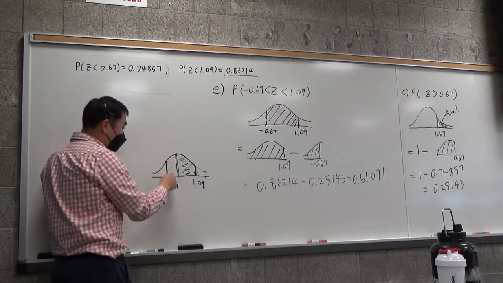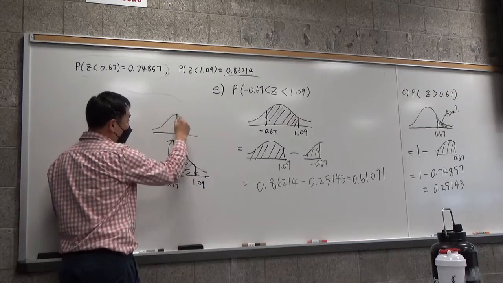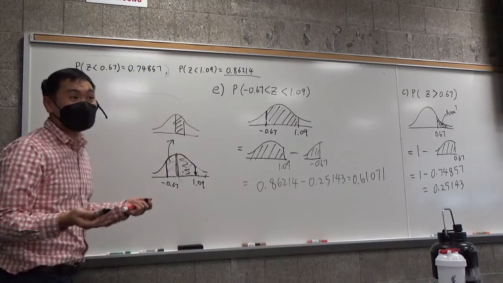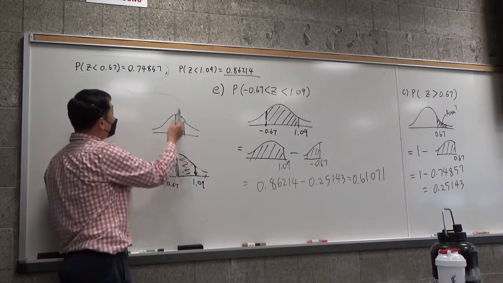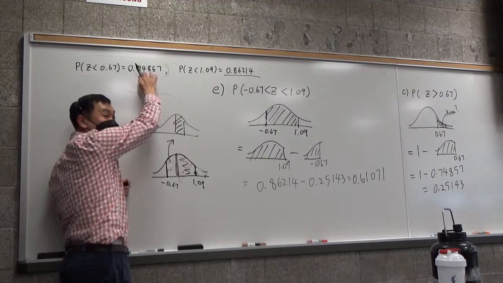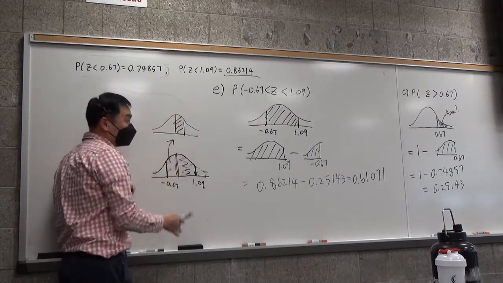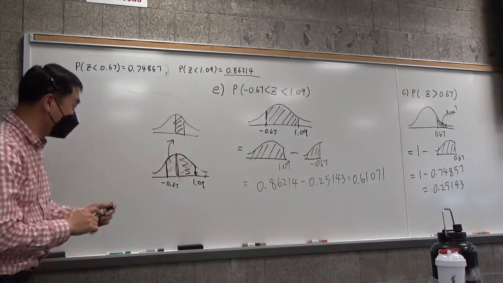And then you can also get this area because by symmetry, this is the same thing as this area, which we did in part A. This area is the same as that one, which would be this one minus 0.5. You calculate them separately and add them, you get the same answer. So there are many different ways to get the same thing.